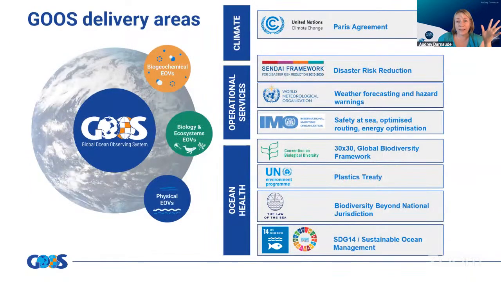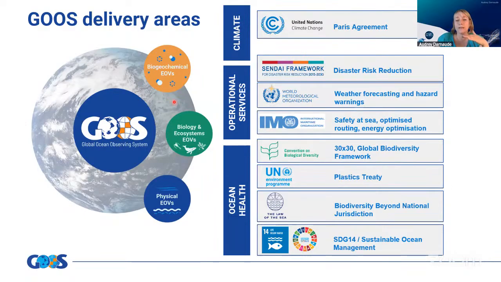So doing this makes it easier to understand ocean processes, of course, by integrating data across ocean disciplines, and also to guide decision-making to manage and protect marine environments at all scales, from local to global.